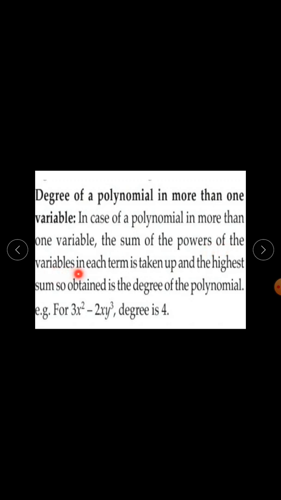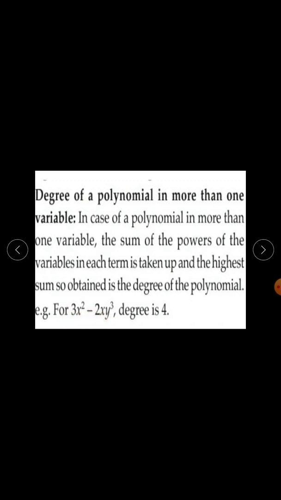In case of a polynomial in more than one variable, the sum of the powers of the variables in each term is taken up and the highest sum so obtained is the degree of the polynomial. For example, one polynomial is given: 3x square minus 2xy cube.